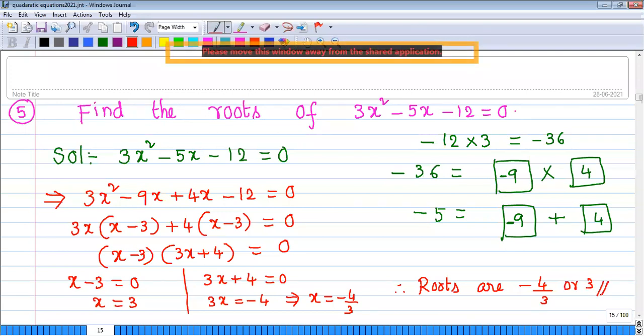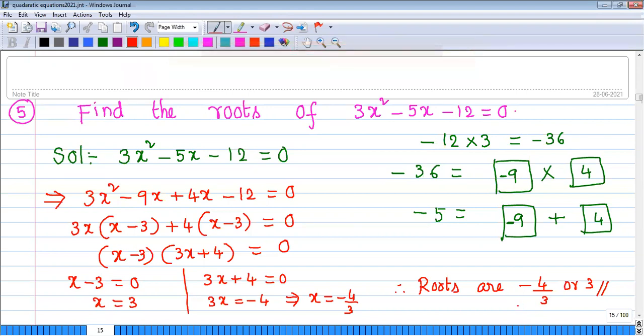So always remember negative 4 by 3 is lesser than 3. Always write the lesser root first, the greater root next. You just get habituated like that. Better you can say roots are 3 or minus 4 by 3, but actually in the number line, the negative numbers come first before 0. After 0, positive numbers.